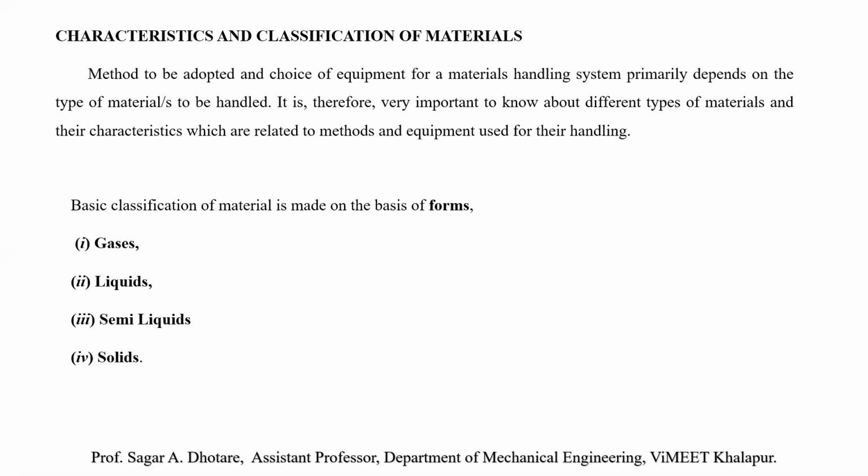About solids, solids form the majority of material handled in industrial situations. Solids are classified into two major groups, unit load or bulk load, depending upon the material. A unit load can be formed of solids of various sizes, shapes and weights.